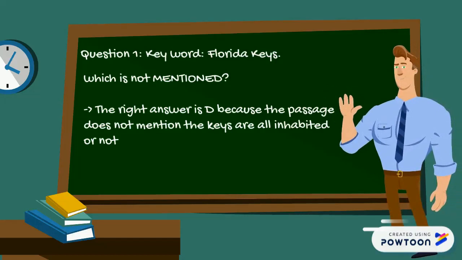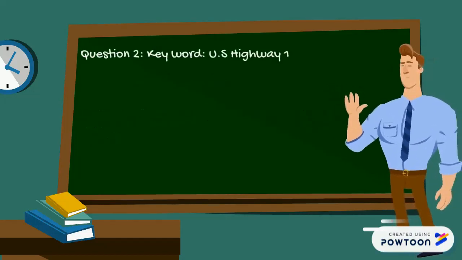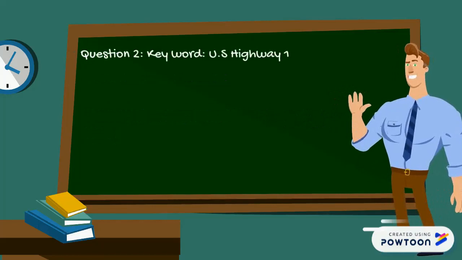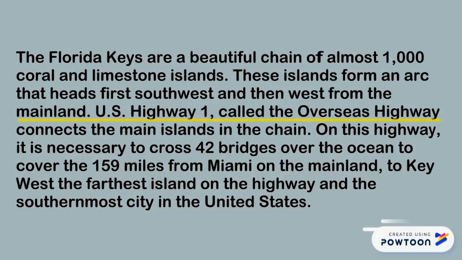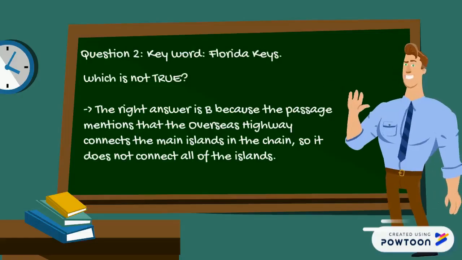The second question asks for the answer that is not true about US Highway 1. The passage states that it is called the Overseas Highway, which is answer A. That it has 42 bridges, which is answer C. And that it covers the 159 miles from Miami to Key West, which is answer D. So those answers are not correct.